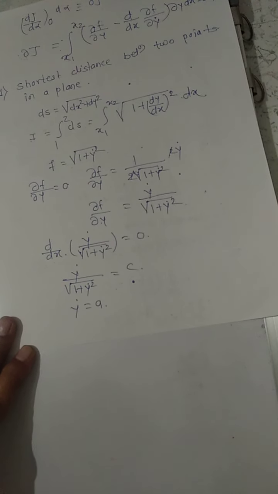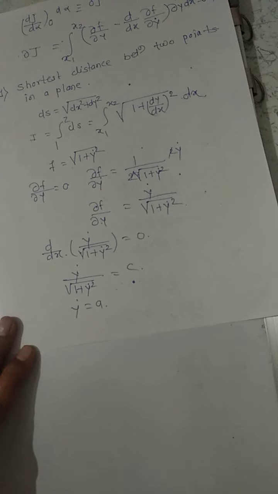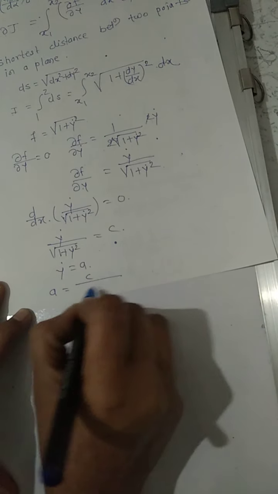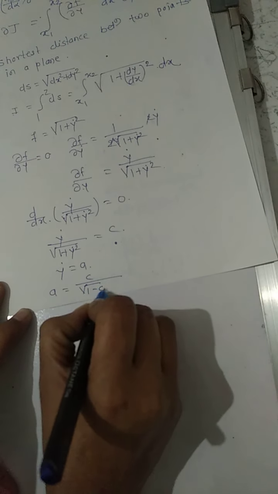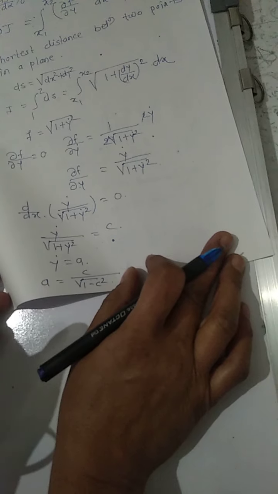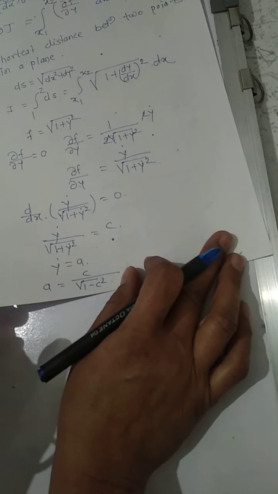a is a constant related to c by a is equal to c upon the square root of 1 minus c squared.